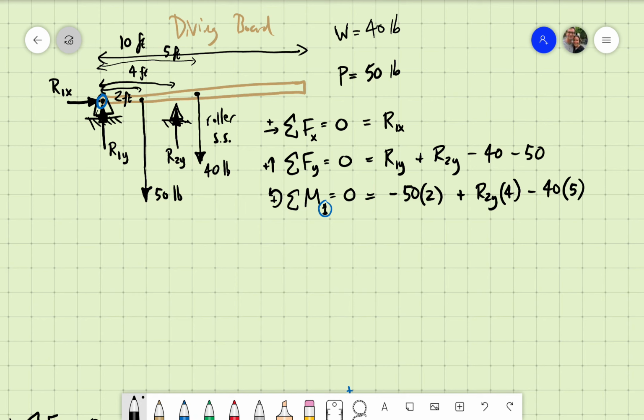Again, last time I'll show this, negative because it is trying to go around that blue rotation point opposite to the sign convention that we picked. And the 5 feet comes again from the halfway point, half of 10 is 5, that's all.